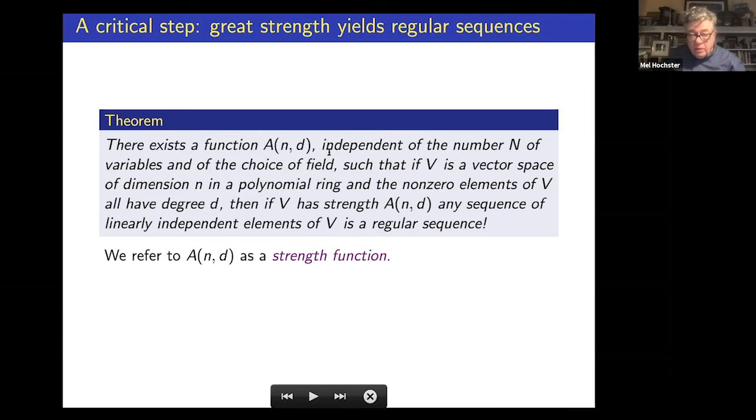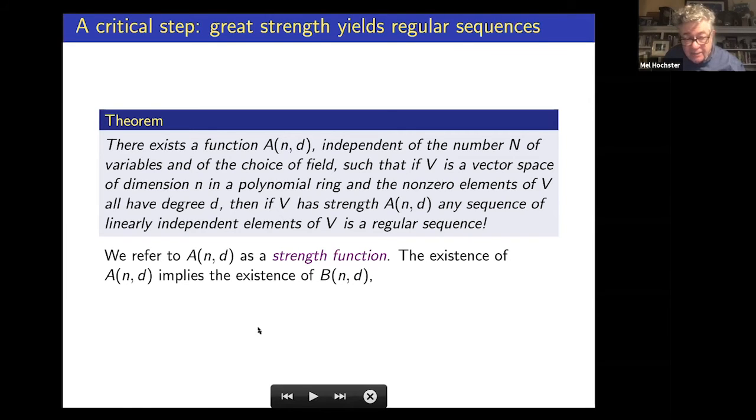So we call A of n,d a strength function. And the moral here is great strength implies regular sequence. And as we go along, I'll give some examples of these strength functions. So it turns out the existence of A of n,d implies an affirmative answer to the theorem.